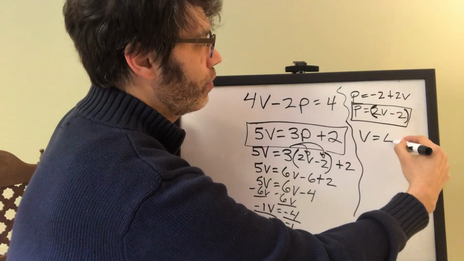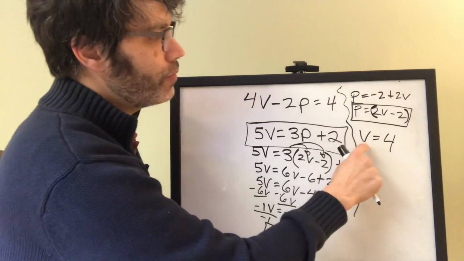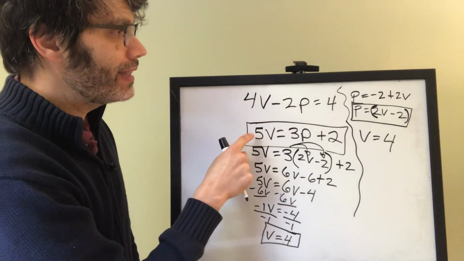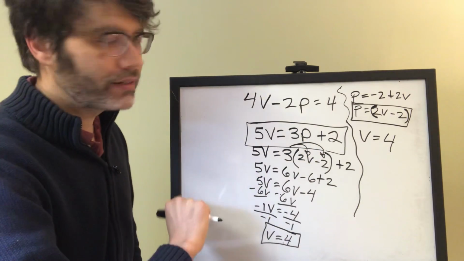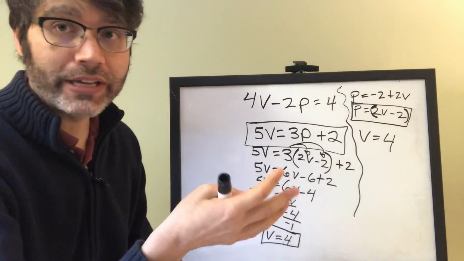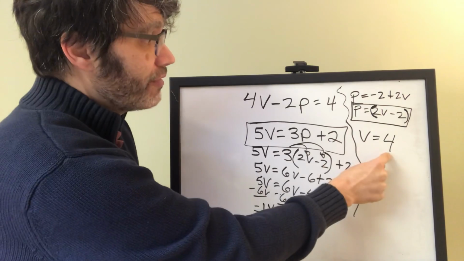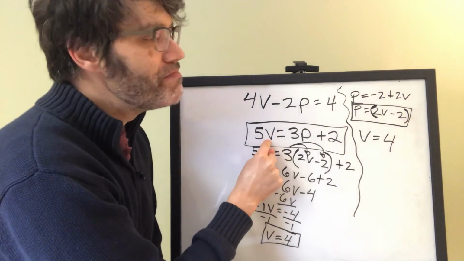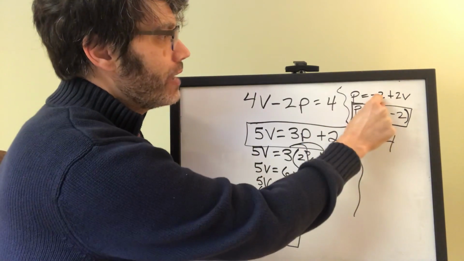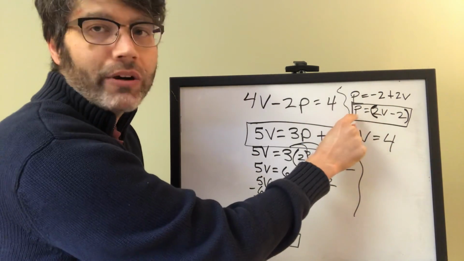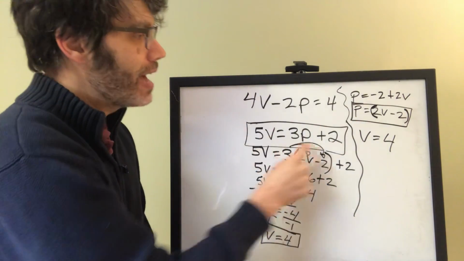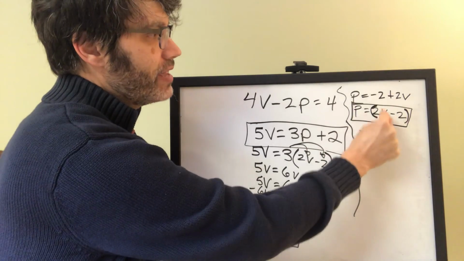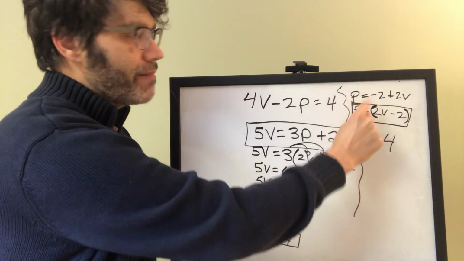Now that I found out what v equals, I can plug 4 back in for v anywhere I like to figure out what p is. Here's another tip. Yes, you could plug 4 in for v here or here, but wouldn't it be much easier to plug it into one of these equations, because p is already isolated?